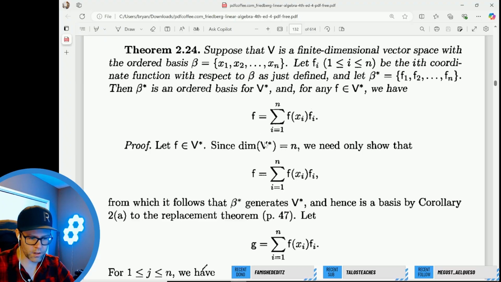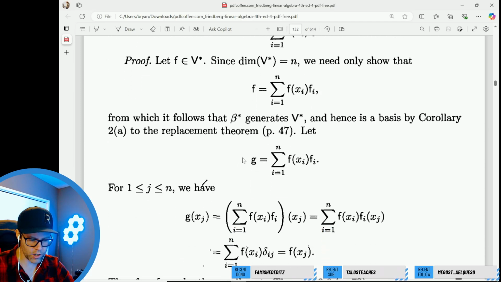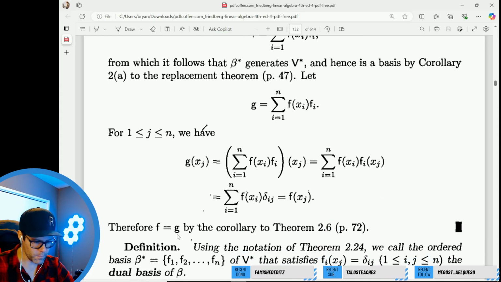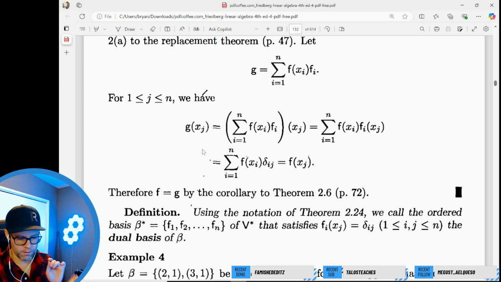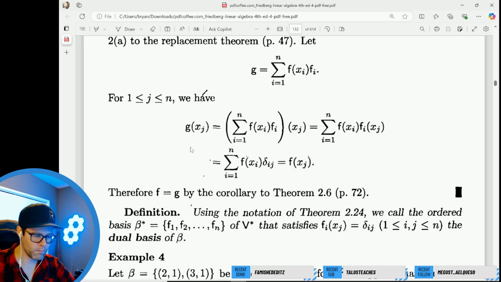So they want this representation to be a unique representation. Right? If we had more than one representation, it would be silly. So I think that's why they're trying to show that f and g are the same. Right? F and g being the same means that there's really only one representation as a linear combination of these linear functionals. Okay, that makes sense.